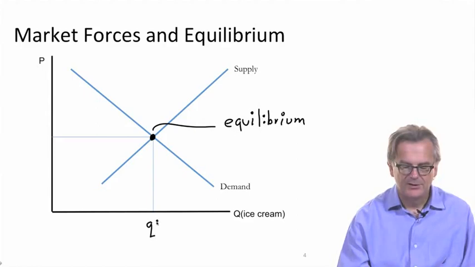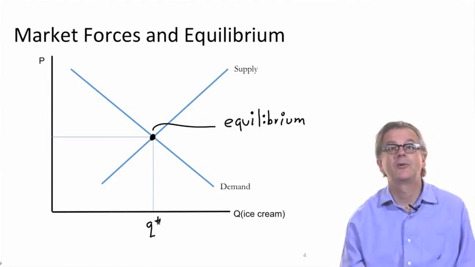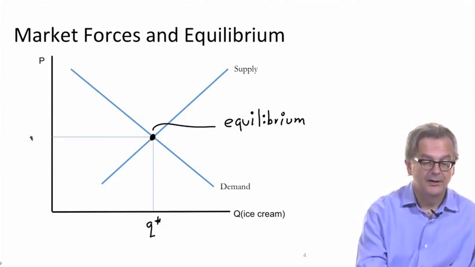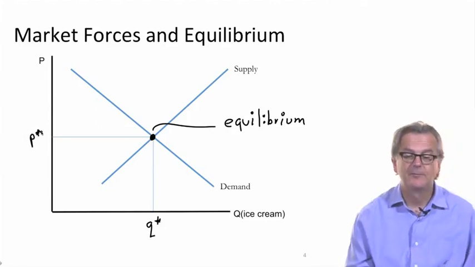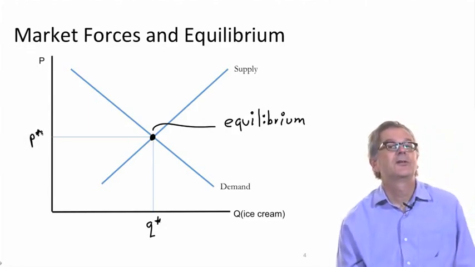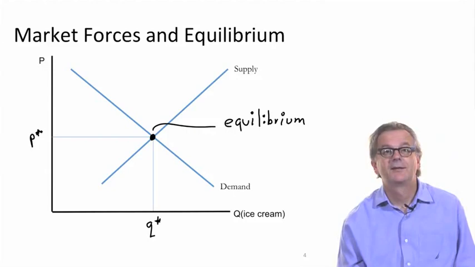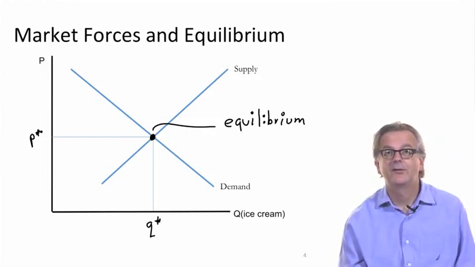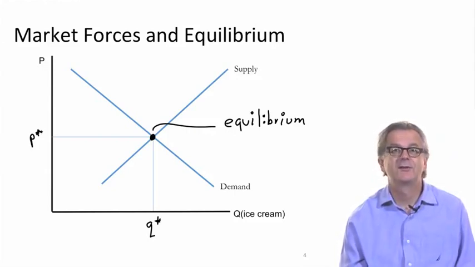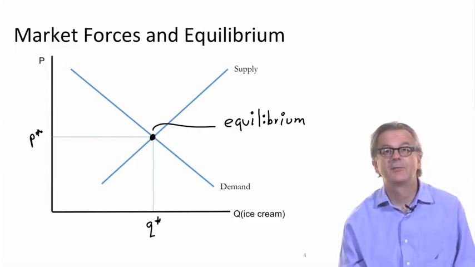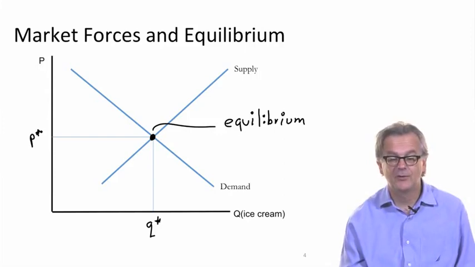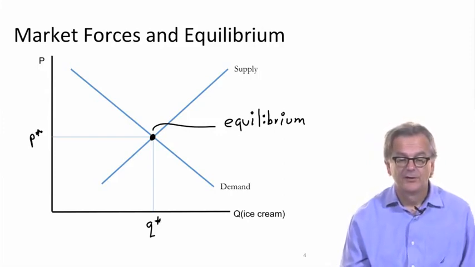And let me, as notation, write the quantity of ice cream in equilibrium as Q star and the price as P star. In our first lecture, I talked about the magic of markets, how the magic of markets lead to a coordination of the decisions taken by suppliers and decisions taken by consumers, so we reach that equilibrium point.